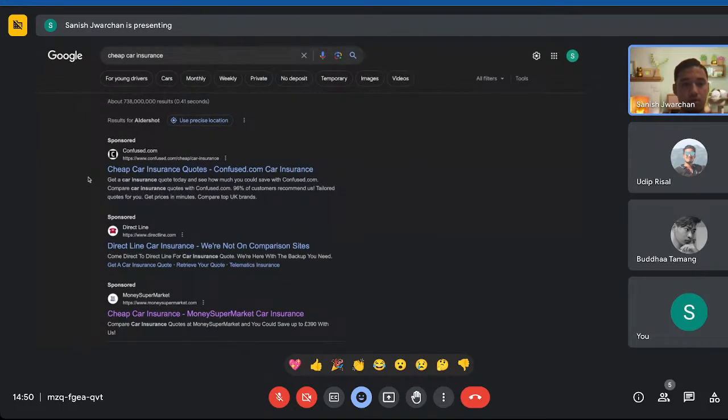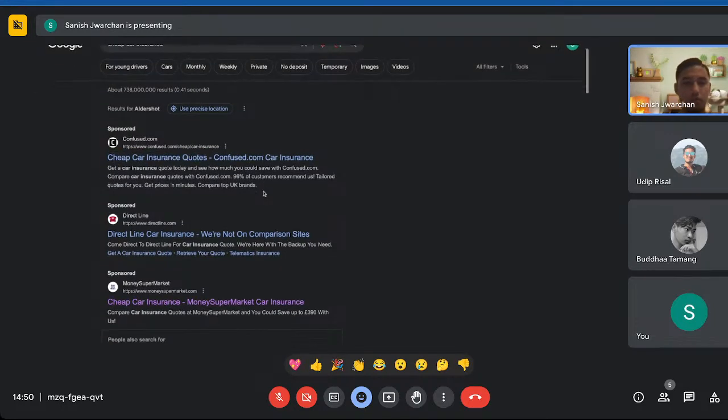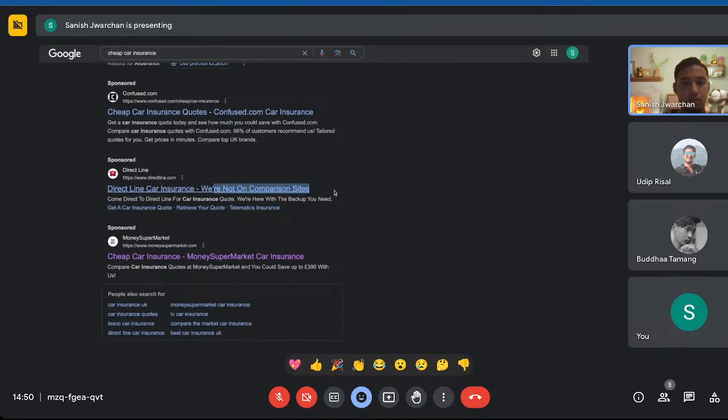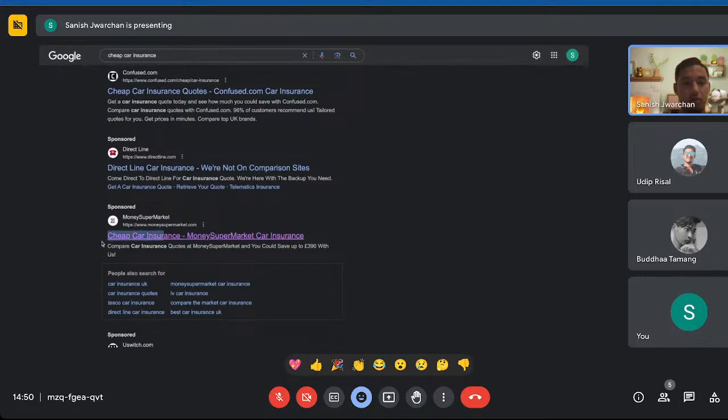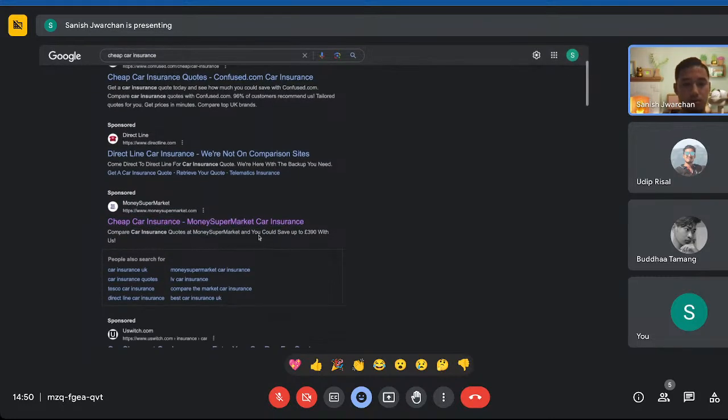So if you go back on the Google one, cheap car insurance quote, that can be some sort of hook. We're not on comparison sites, so pretty much showing their authority, saying we don't need to be on comparison sites. Cheap car insurance. You could save up to £390 with us.